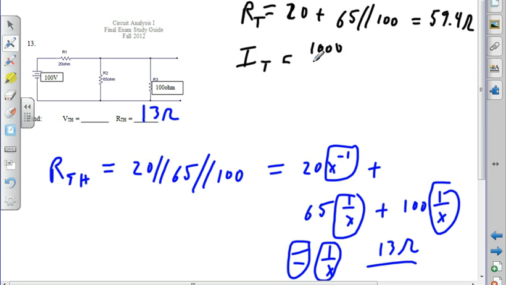100 volts divided by 59.4 ohms, 1.68 amps.